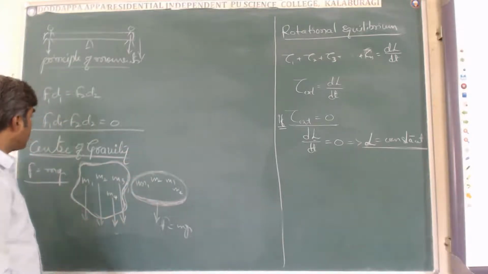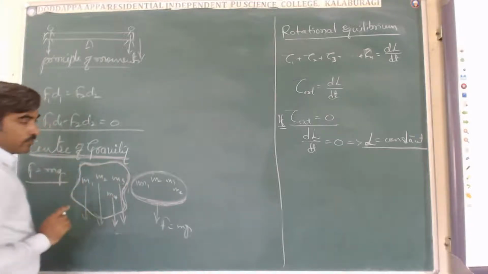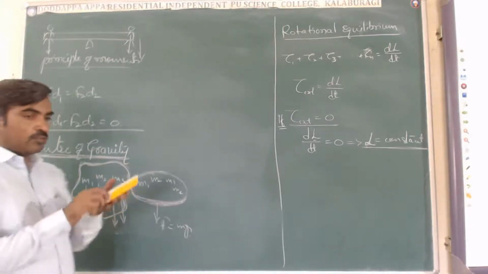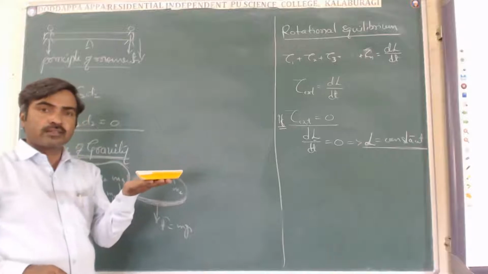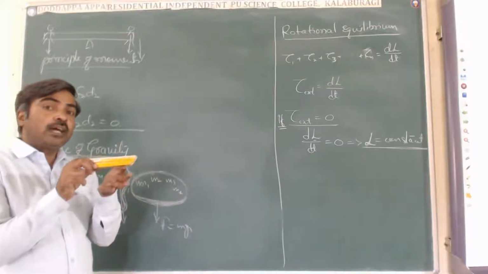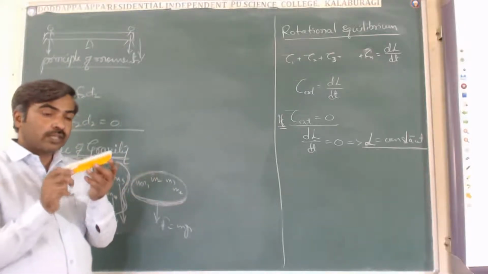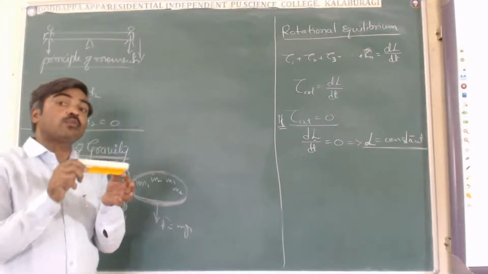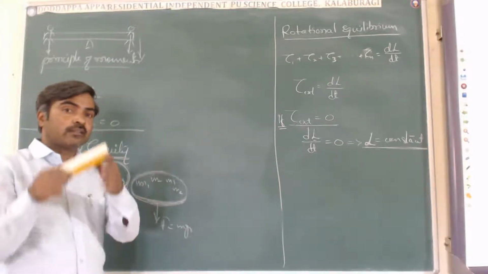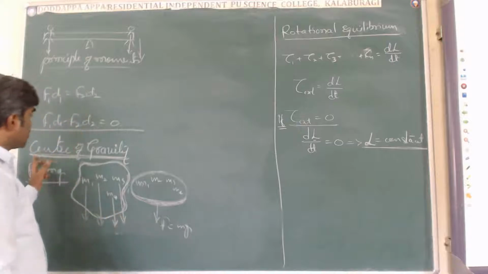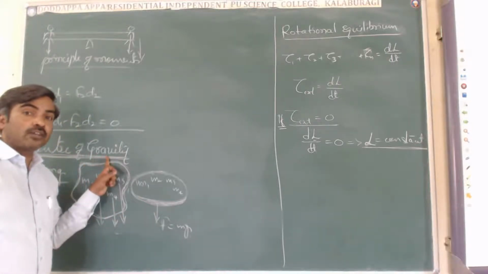That point we call the center of gravity. Like in this example, the duster: the entire weight, not the mass, is supposed to be concentrated at that point. That is called the center of gravity.